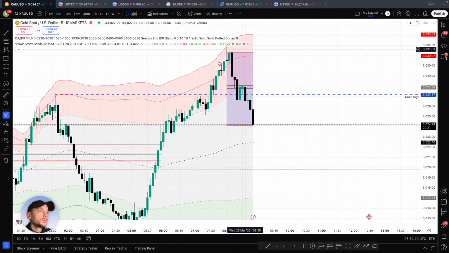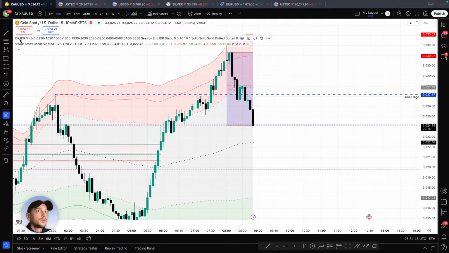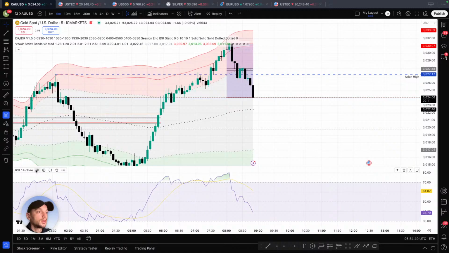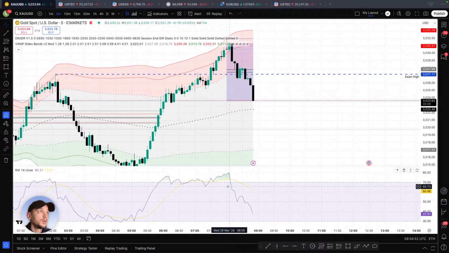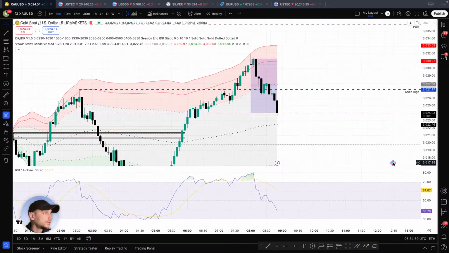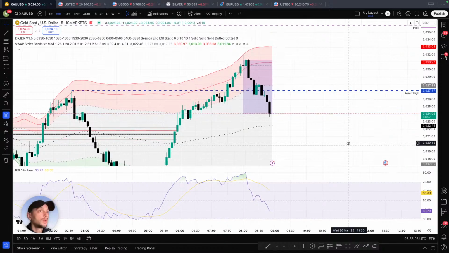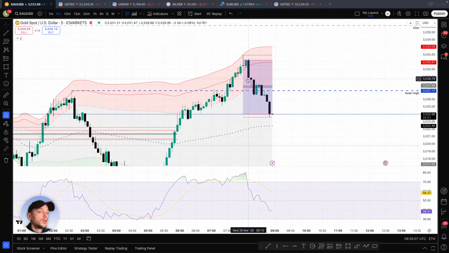VWAP was with us for this short as well. What about RSI? Yeah, RSI was with us as well. So this is totally our mistake. But today the market is choppy because I think there's news. Yes, there's news later on. A couple of them. So yes, we look here.